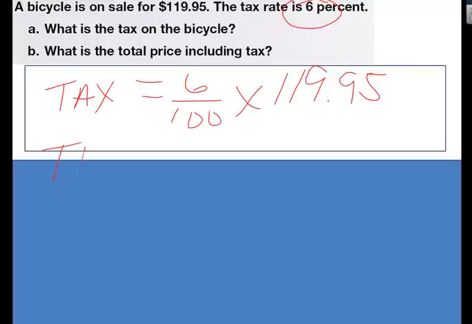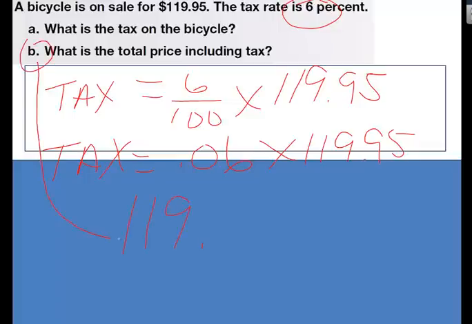The other way of doing it would be tax equals 0.06, not 0.6. 0.6 would be 60%. 0.06 times 119.95. Is that the way you did it? I hope you did. And if you do, you figure out what your tax is. Then once you have your tax, you can take your 119.95 for part B here, add your tax to it, and that's going to be your answer for B.